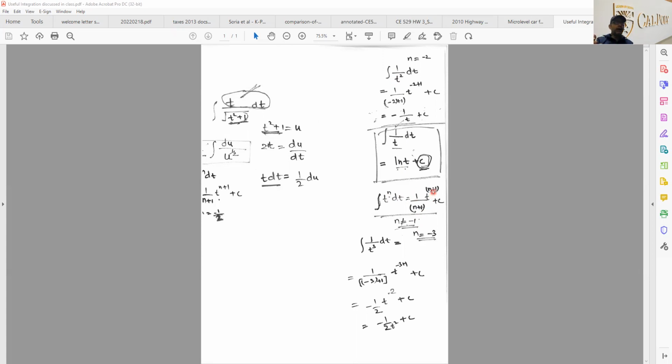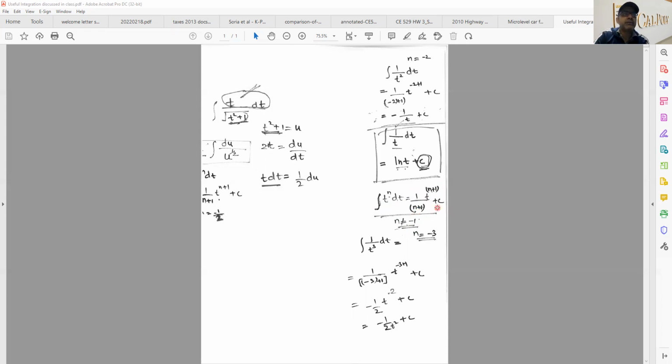It could be 1.5, 2, 2.5, any number other than -1. If you differentiate this piece on the right-hand side of the equality with respect to t, you will get exactly t raised to power n. And that's the idea of integration.